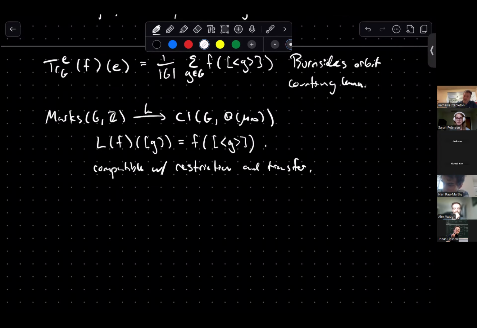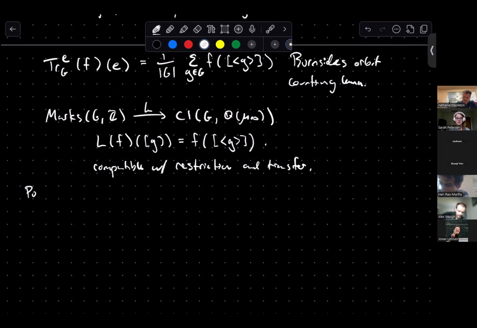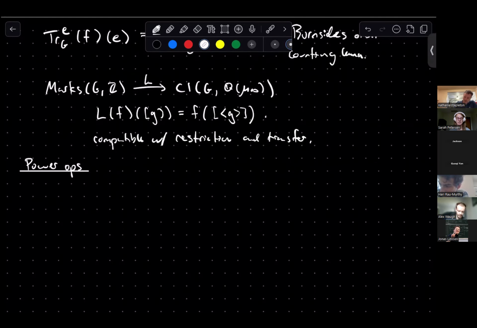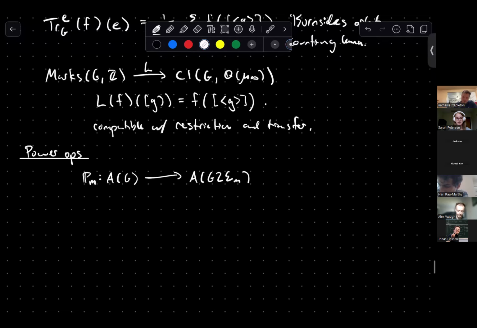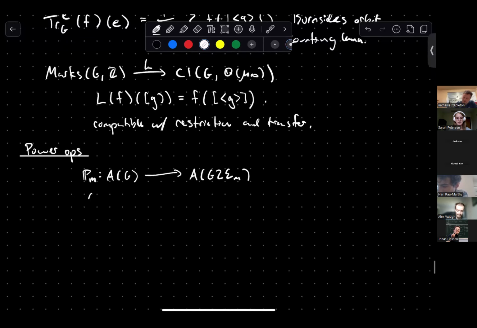Power operations then. The definition of the power operation is very similar. It's the map from A of G to A of G wreath sigma M, and it's induced by the following operation.